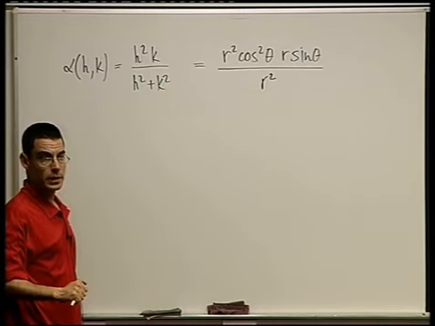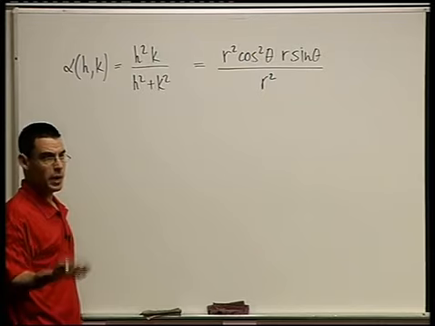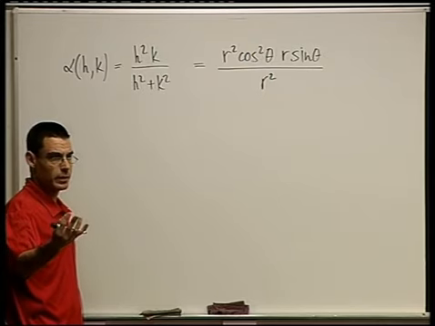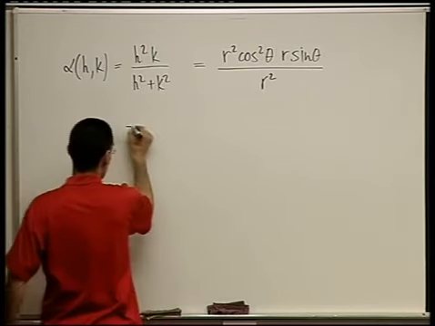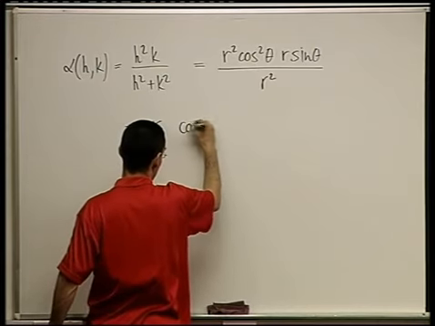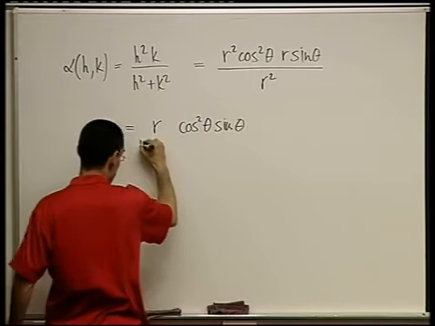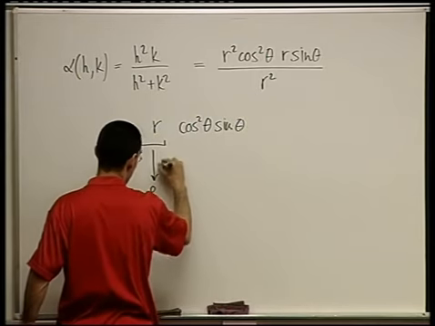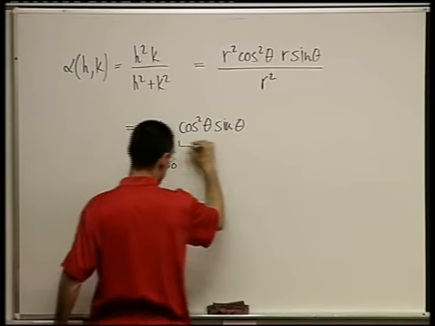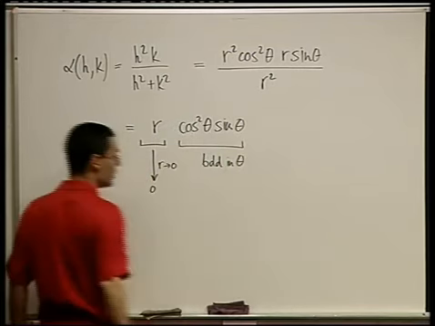Does everybody remember what I'm talking about? Okay. So the r squared cancels. I get r times cosine squared theta times sine theta. This tends to 0 as r goes to 0, and this is bounded as a function of theta.